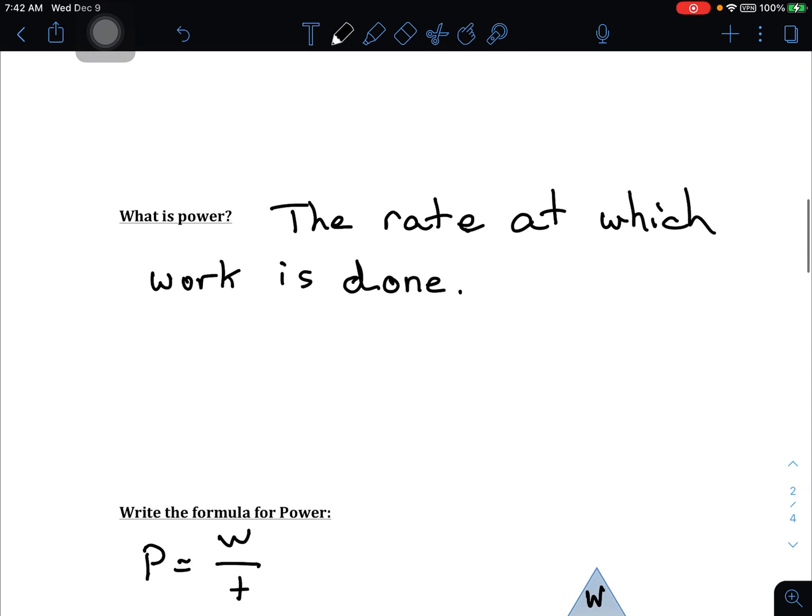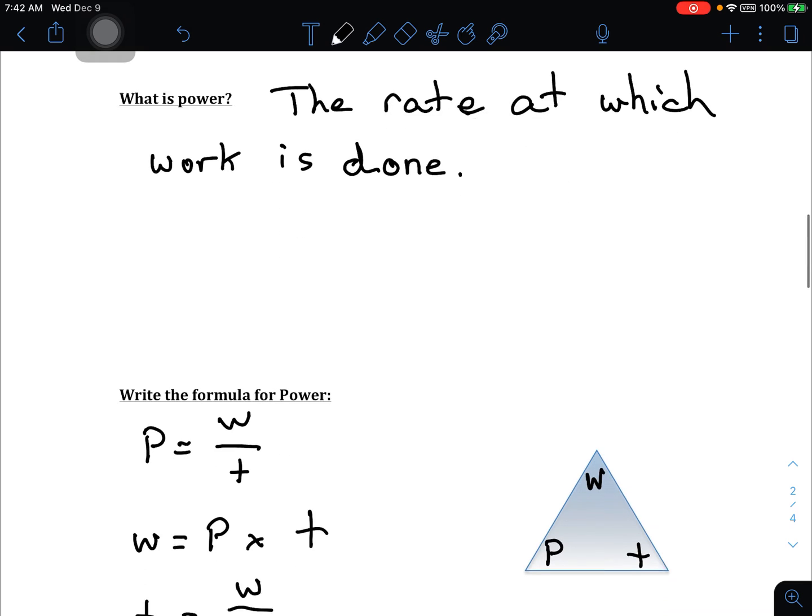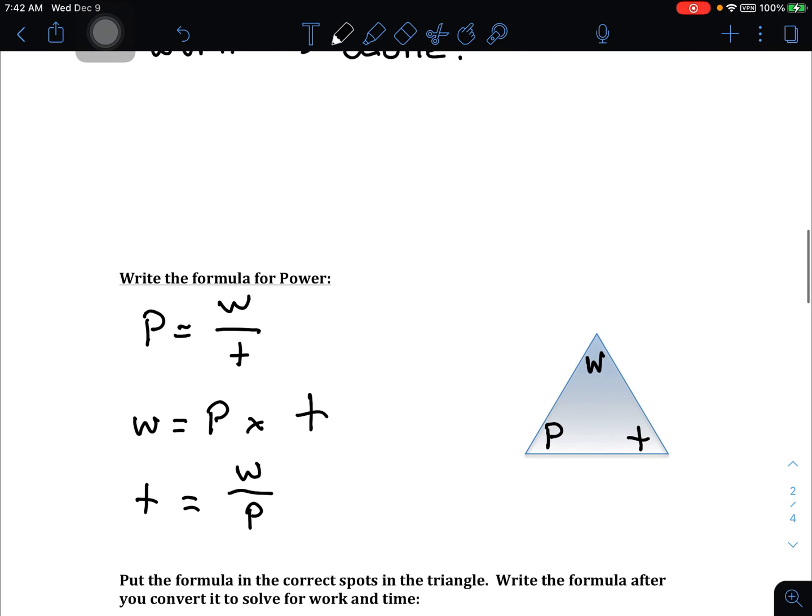We also talked yesterday about power. Power is a term that describes how fast work gets done, the rate at which work is done. The formula for power is power equals work divided by time. This is the way it looks in my triangle, with P for power in the lower left, work on the top, and T for time on the lower right.